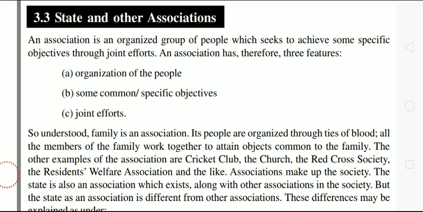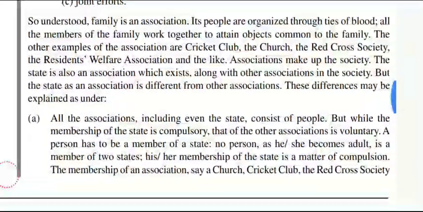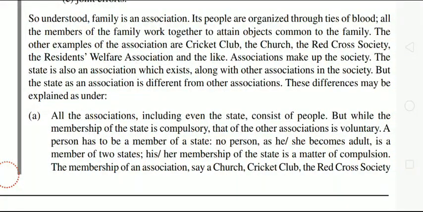So understood, family is an association. Its people are organized through ties of blood. All the members of the family work together to attain objects common to the family. The other examples of the association are cricket club, the church, the Red Cross Society, the Residents Welfare Association, and the like.